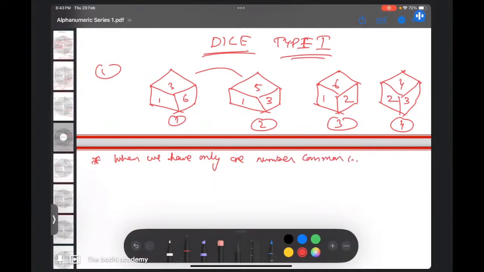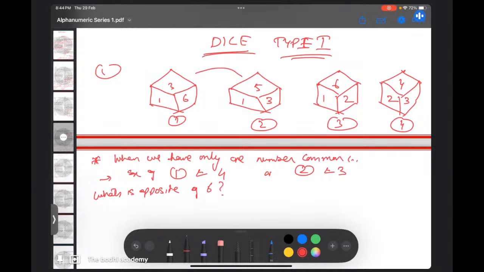For example, now see, take example of first and fourth, or second and third. I'll take first and fourth. If I take the first and fourth, my question is, what is the opposite of 6? First and fourth I'm taking, okay? What is the opposite of 6?